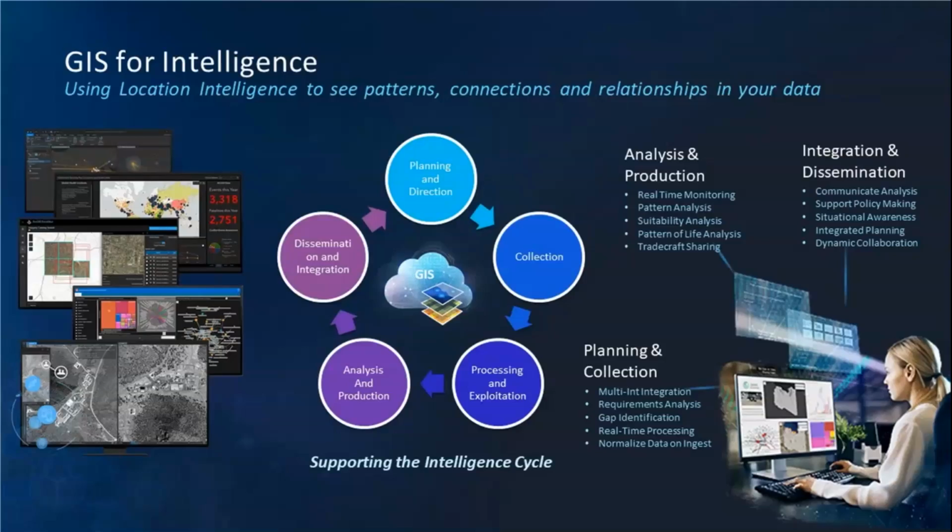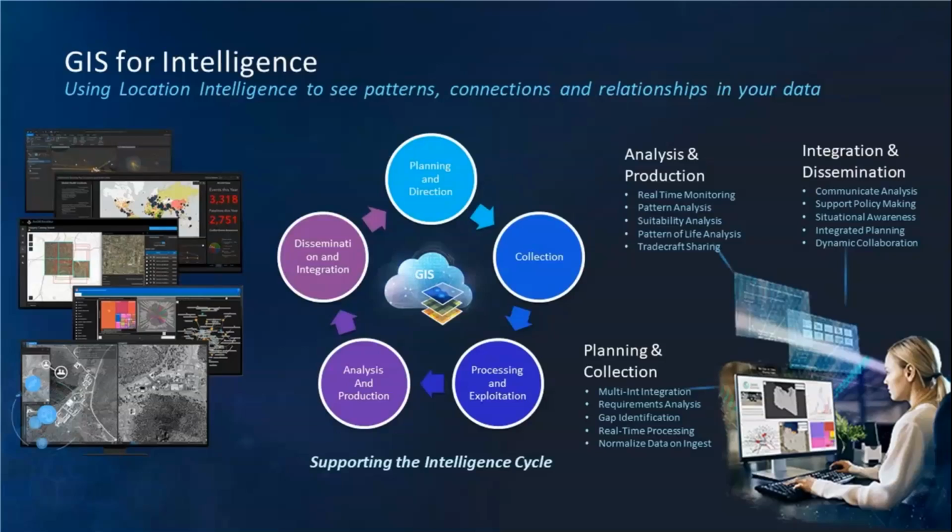So why do we use GIS for intelligence? Well, many of you are challenged every day to deliver the most up-to-date information to decision makers. So using GIS often provides the right context for understanding all types of intelligence information and activities in your organization.